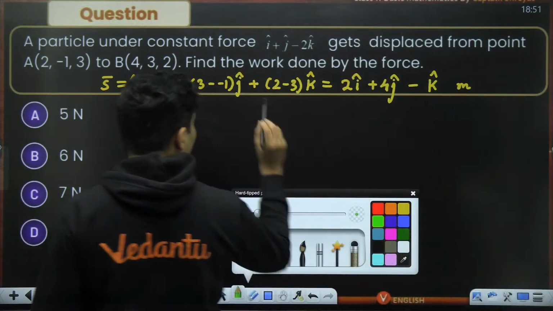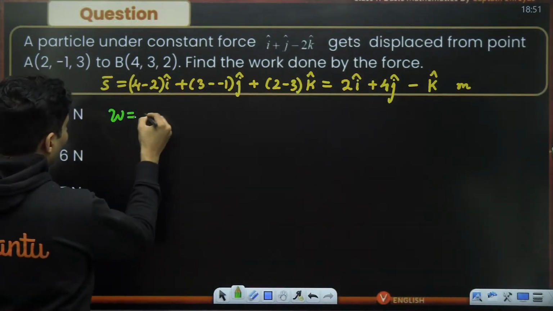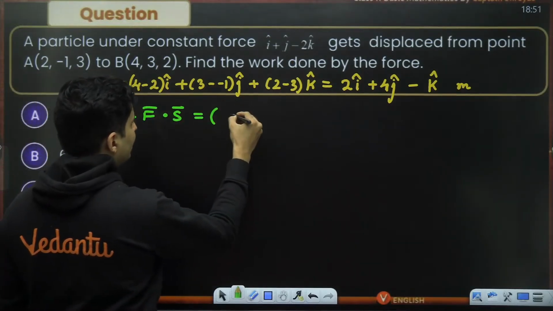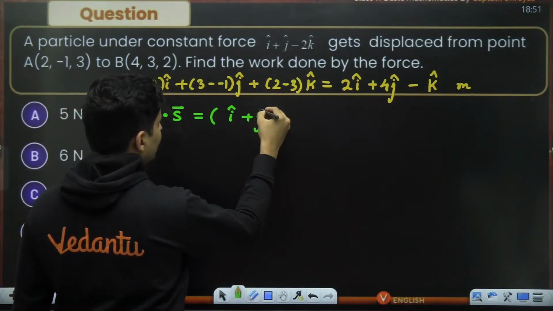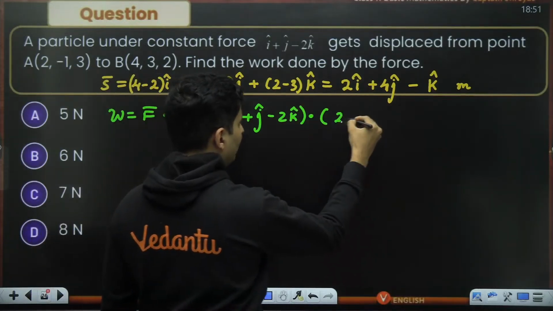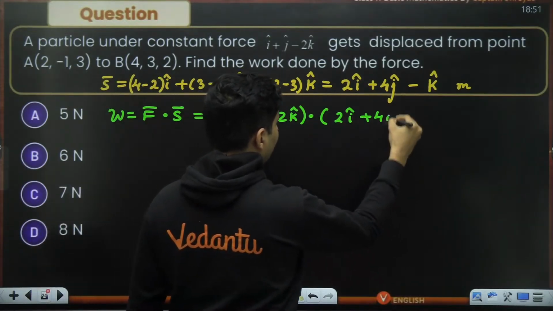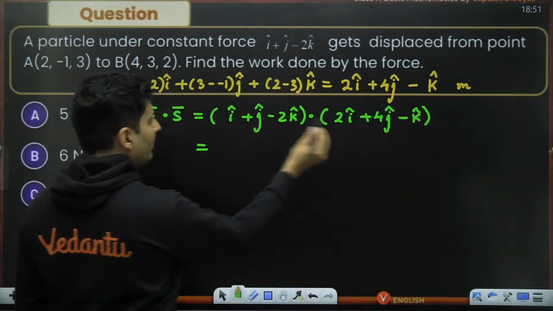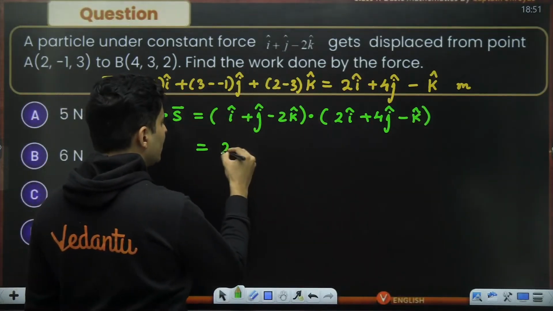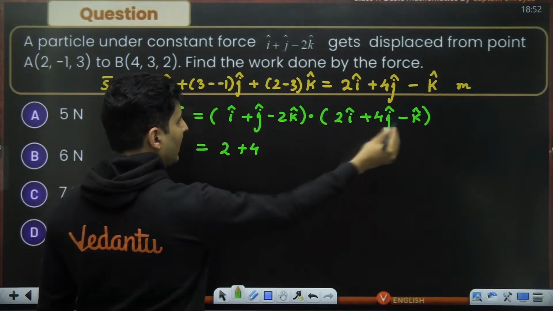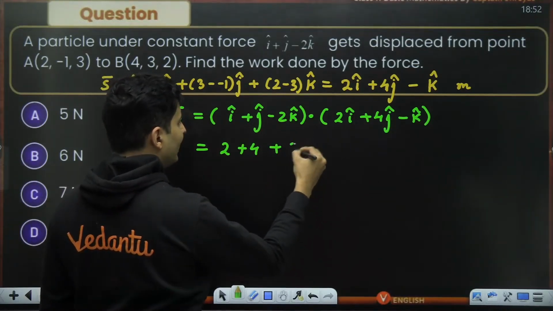The question says find the work done. Work done is force dot displacement. Force is i cap plus j cap minus 2k cap, dot with displacement, which is 2 i cap plus 4 j cap minus k cap. So 1 into 2 is 2, 1 into 4 is 4, minus 2 into minus 1 is plus 2.